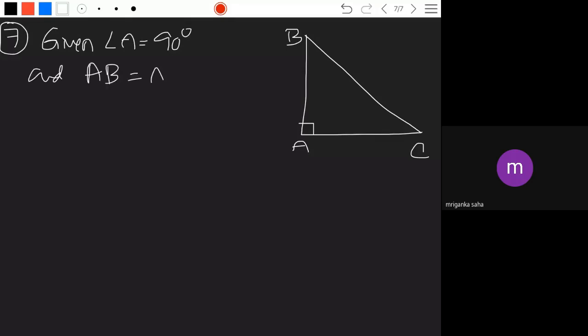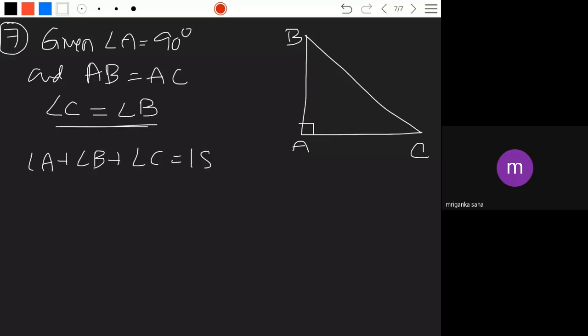The angles opposite to AB and AC, angle C and angle B, are equal. Here it is not necessary to consider x. Angle A plus angle B plus angle C is equal to 180 degrees, by the angle sum property.